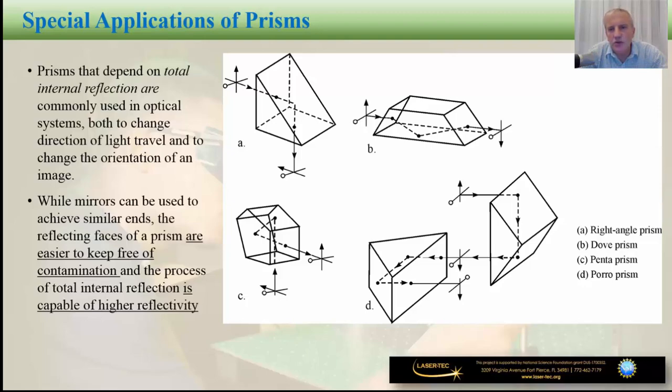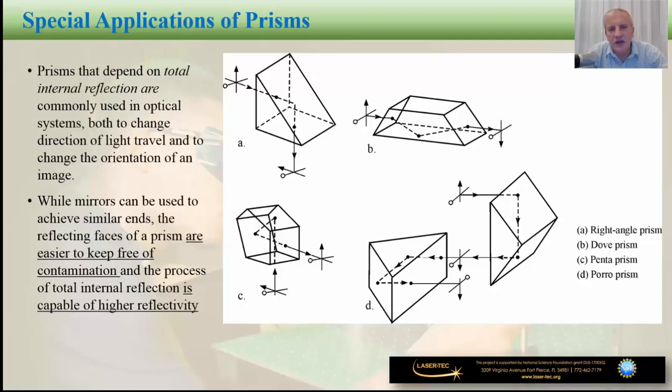Very often they are used in binoculars, microscopes, telescopes, etc., where we're manipulating the light to serve a specific purpose. In addition to the prisms, we're also using mirrors that rely on the concept of reflection. Those are also used in different types of optical systems.